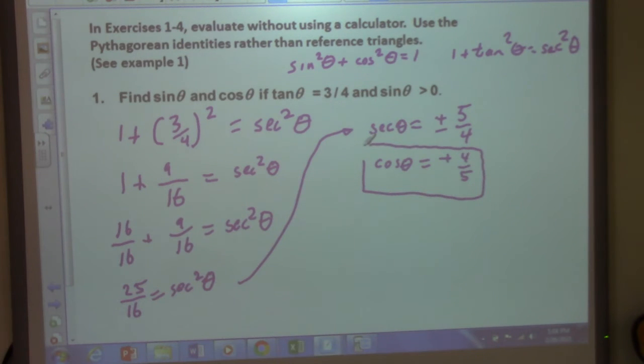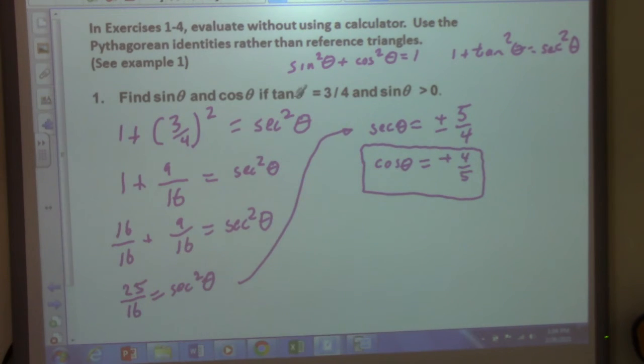Okay, how do we find our sine theta now? You could. Yes, you could do that. In fact, there's another way that might be a little easier, but since you suggested it, let's go with what we got.